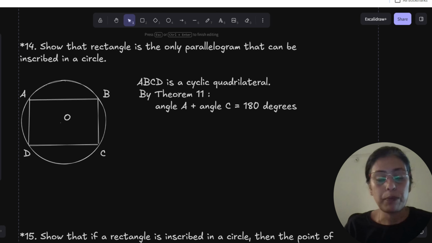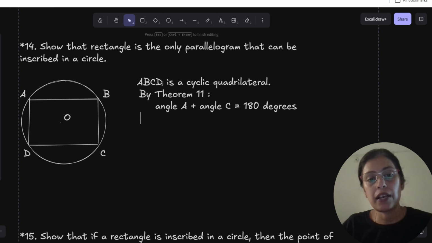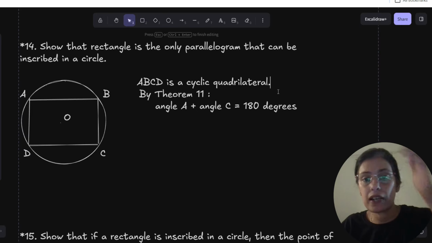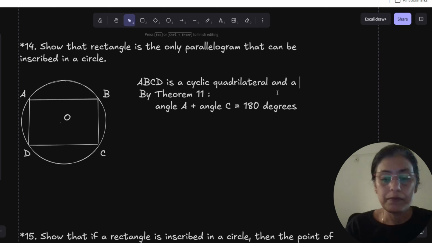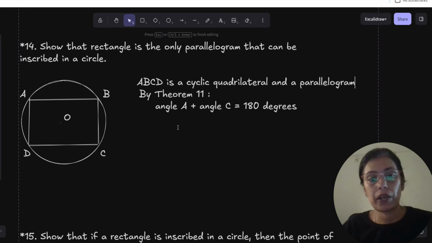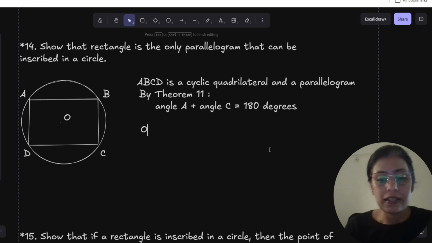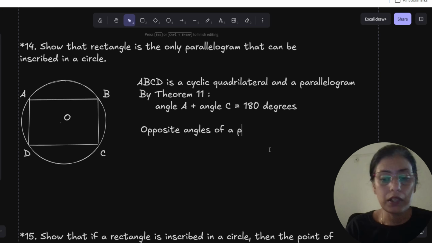Now, the property of a parallelogram, I should say here, ABCD is a cyclic quadrilateral and a parallelogram. Okay, so the property of a parallelogram is that opposite angles of a parallelogram are equal, right?